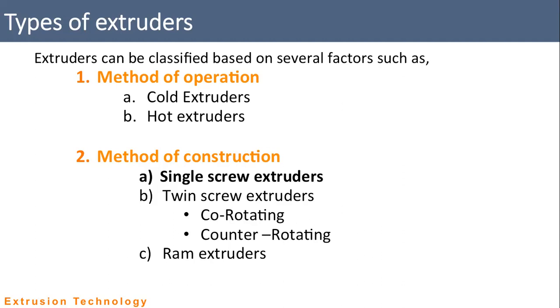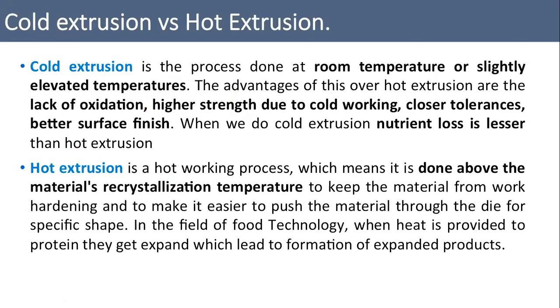If we have two screws, we call it a twin screw extruder. Based on the rotation, if it is co-rotating, the two screws move in the same direction. For counter-rotating, the directions are totally different, right?